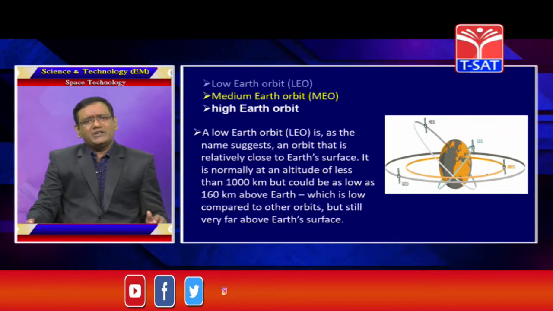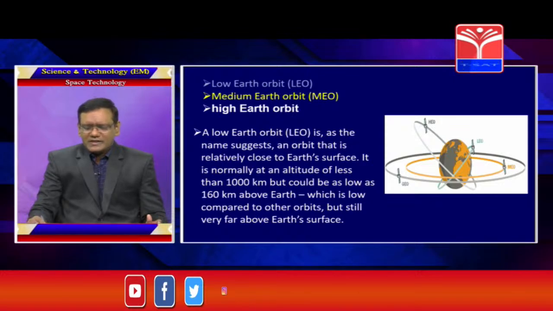A low Earth orbit, as the name itself suggests, is any orbit that is relatively close to the Earth's surface. It is normally at an altitude of less than 1000 kilometers, but it could be as low as 160 kilometers above the Earth.